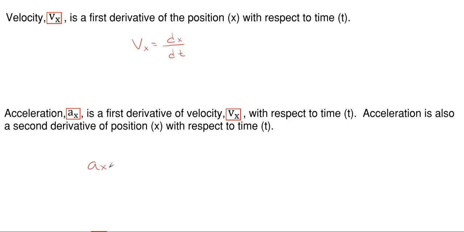So your a sub x, your acceleration, is the derivative of your velocity with respect to t, or the second derivative of your position x with respect to time. So that's what acceleration is. Once again, your v equation will come out in some terms of t, so maybe like v sub x equals 9t squared plus or minus something, and then your acceleration will be based upon that.